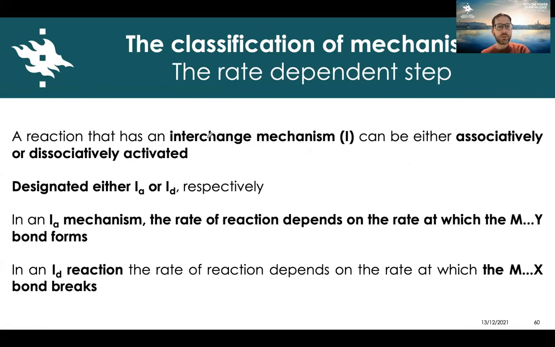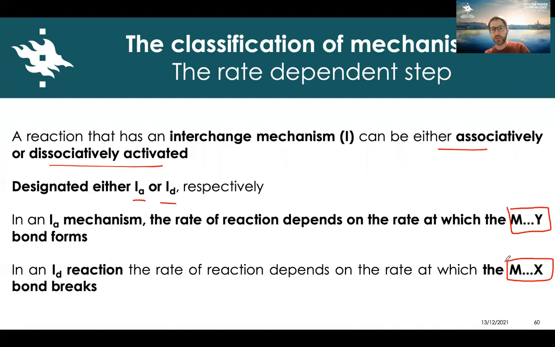All right, so talking now about the interchange reactions, in this case, it can be either associatively or dissociatively activated, with these kinds of designations, depending on the rate at which the bond between the metal and the entering group is formed, or depending on the breakage of the bond between the metal and the leaving group.